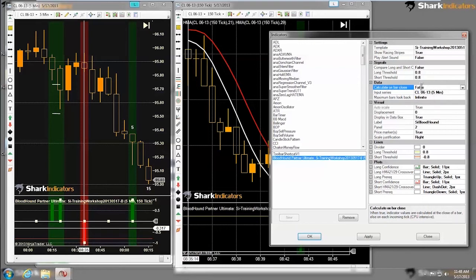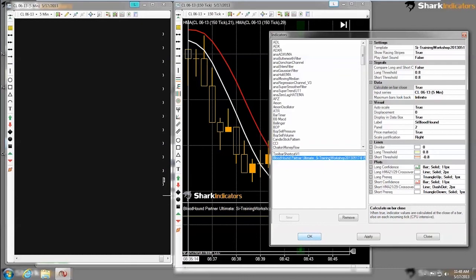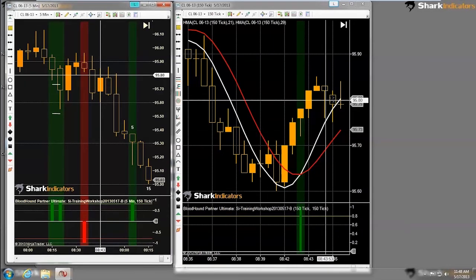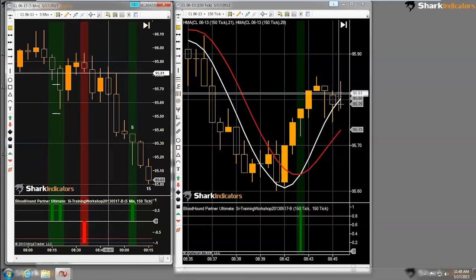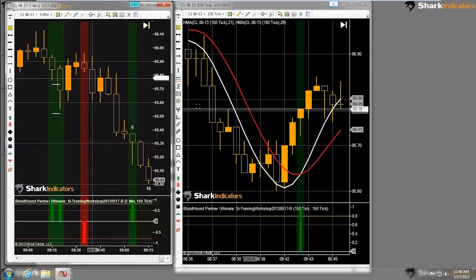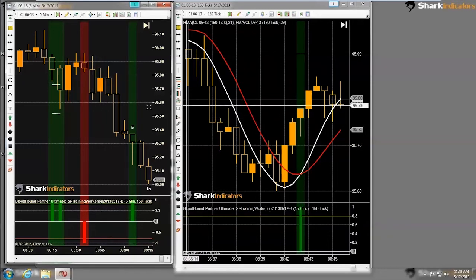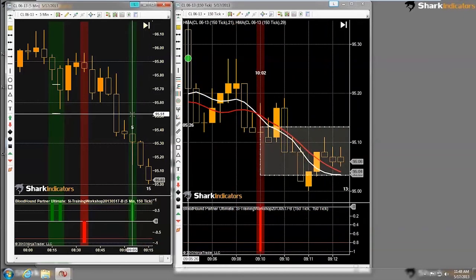And so effectively, if this was set to false, then when you get a crossover signal from your tick chart, that would be sent over immediately to the 5-minute chart, and yes, you would get a crossover signal on your 5-minute chart.